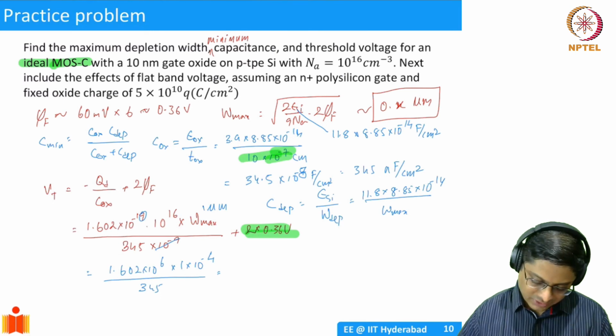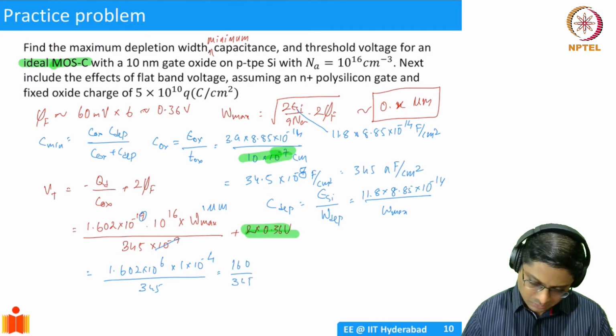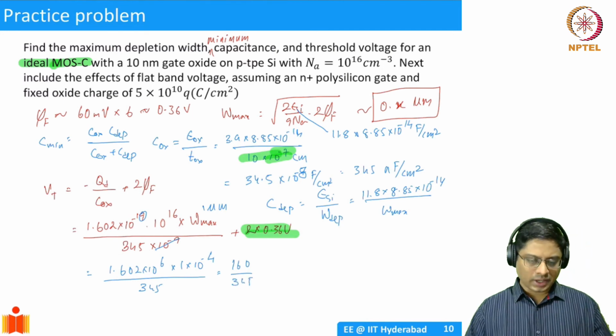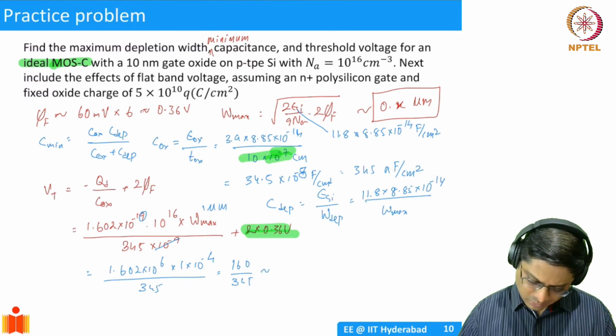So I'll take it as 160 divided by 345, about 1 over 2. Check it out, how much this is going to be. Approximately 0.5.